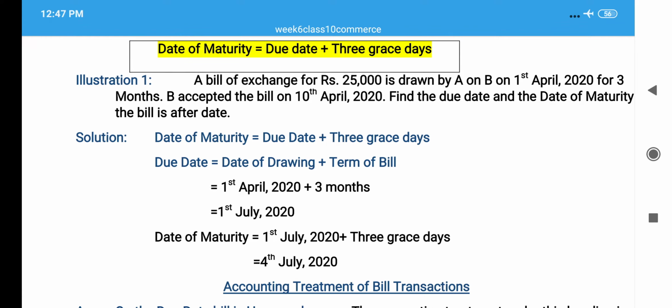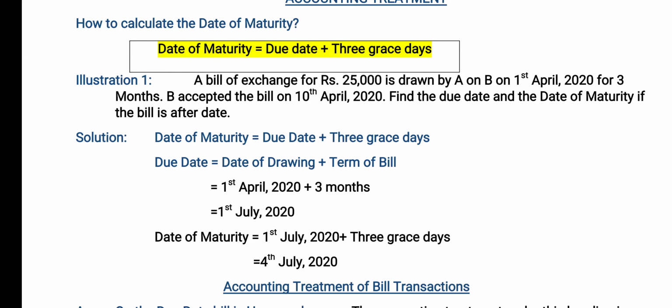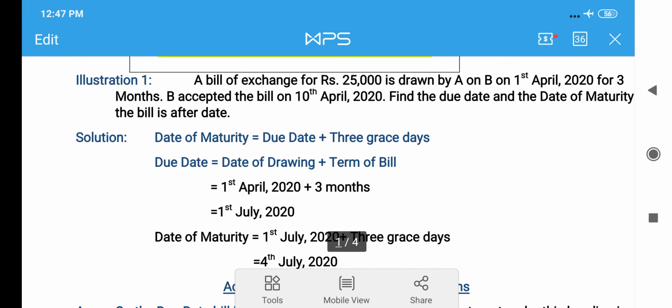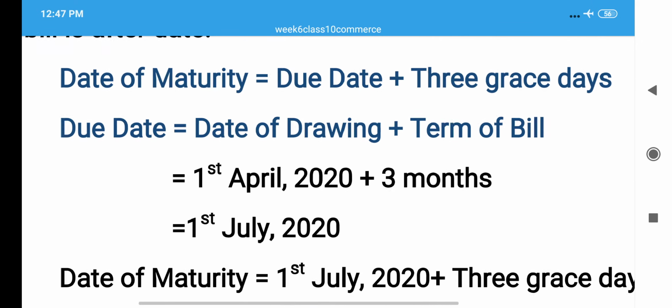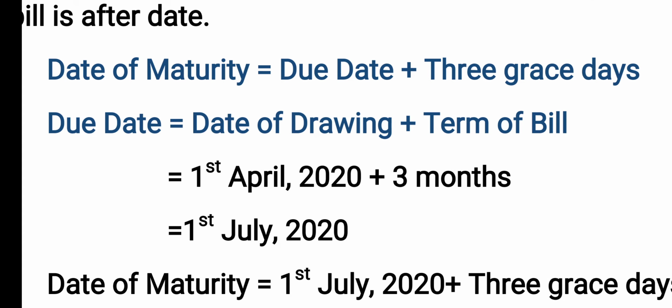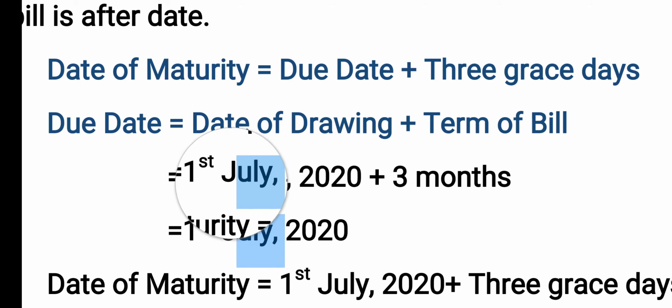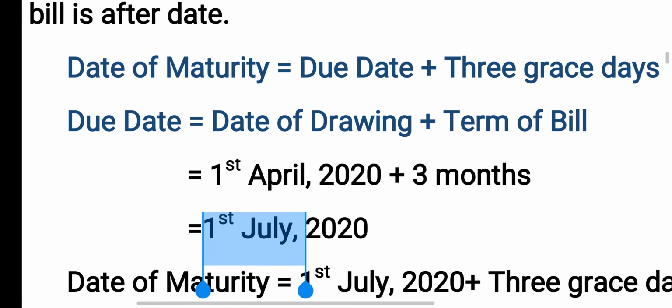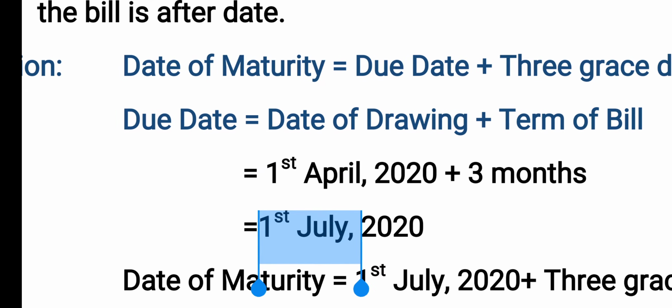So I will add 3 months in 1st of April. Adding 1st April plus 3 months you will get 1st of July 2020, because April to May, May to June, June to July. So 1st of July 2020 is our due date on which you will get the money.